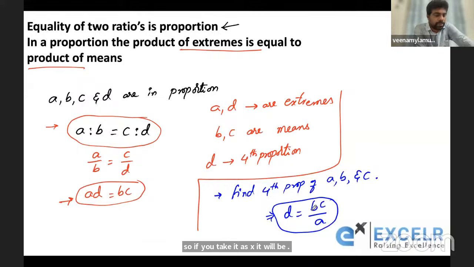Now, what is the third proportion value? Can you comment?